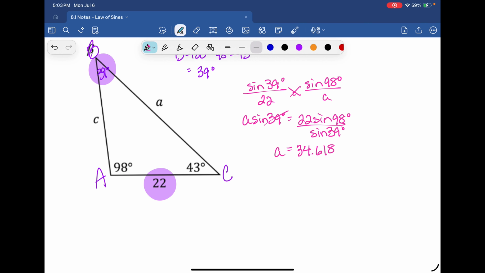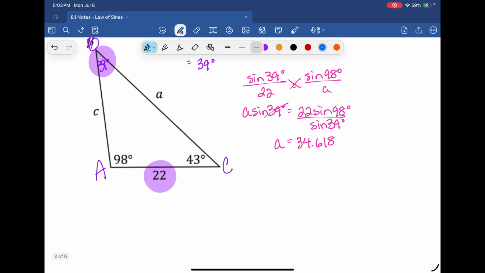Now find side C. Start with what we know. Sine 39 over 22 equals sine 43 over C. Cross multiply.